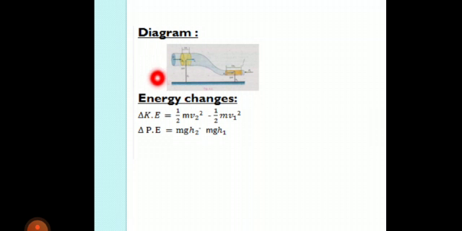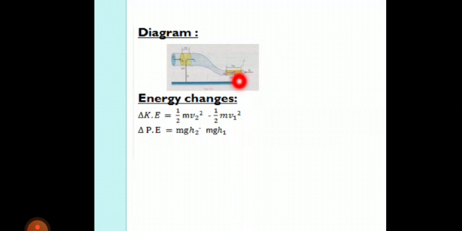So at point 1, the work done is positive, and at point 2, the work done is negative, because at point 1 the pressure is exerted in the same direction as the fluid flow, but at point 2 the direction of pressure is opposite to the direction of fluid flow. So here velocity changes, height changes.